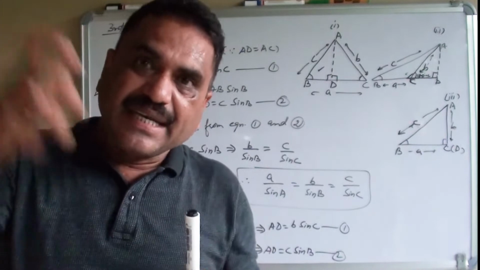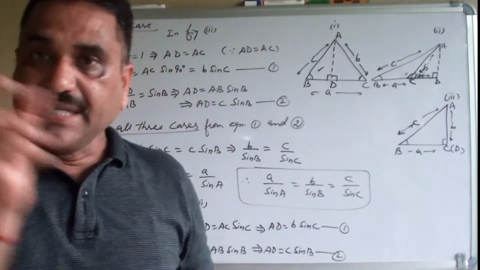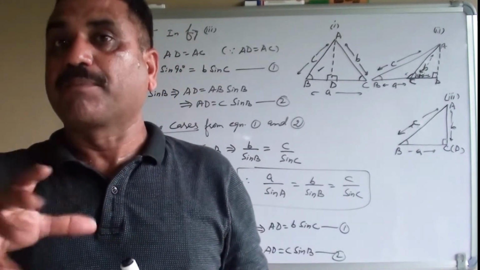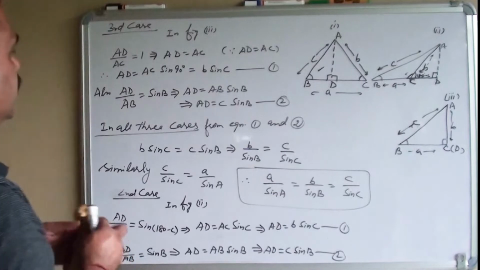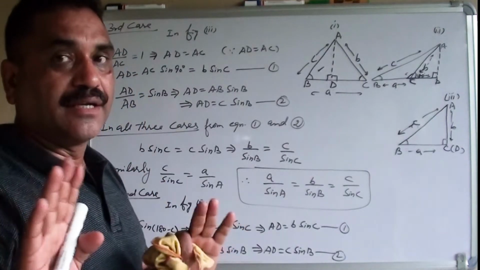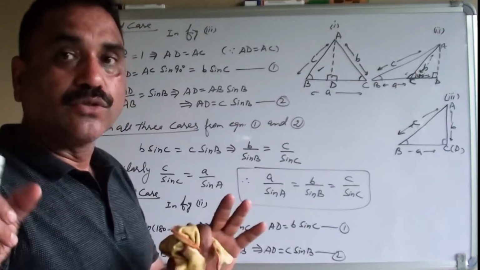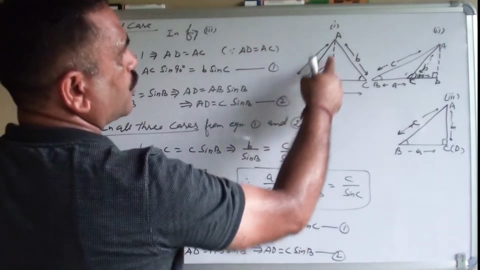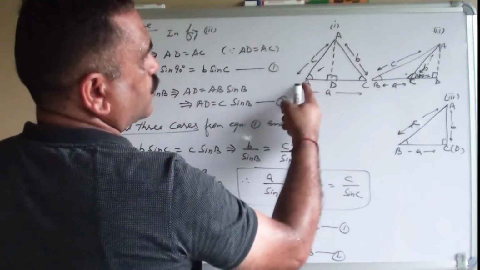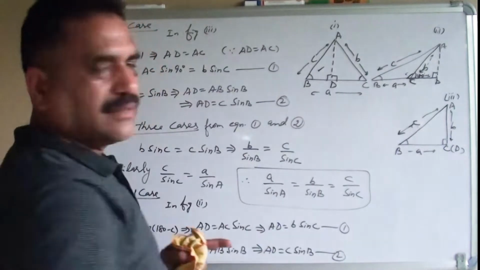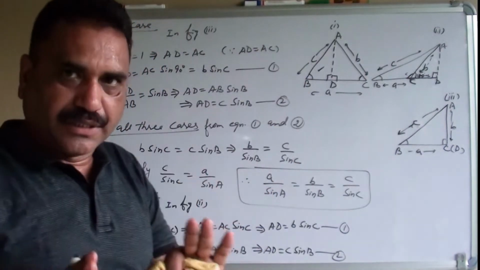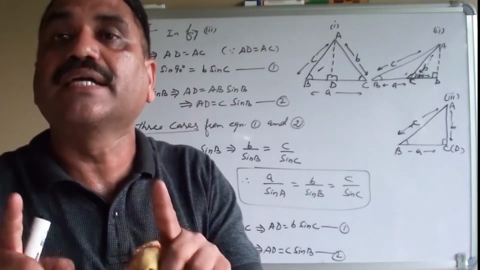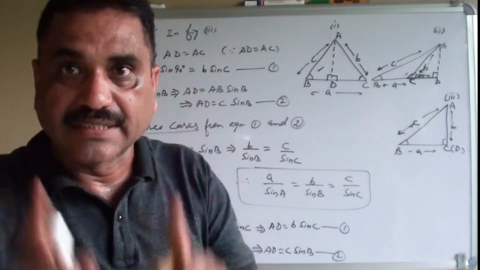What that indicate? In any triangle, may be of any type, the lengths of the sides are proportional to the corresponding angles. Corresponding means not corresponding but opposite angles to the sides. A के opposite कौन सा है? Angle A. B के opposite कौन सा है? Angle B. C के opposite कौन सा है? Angle C. So the lengths of the sides of a triangle are proportional to the angles opposite to the sides.